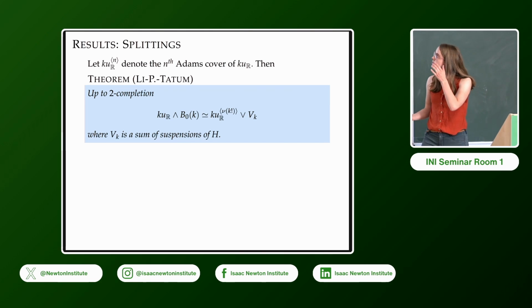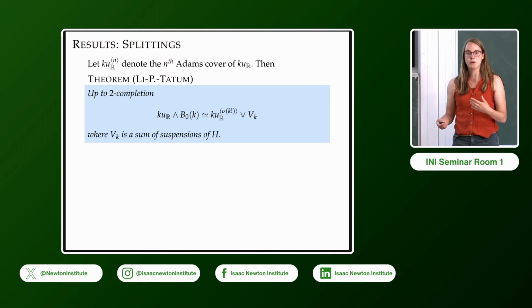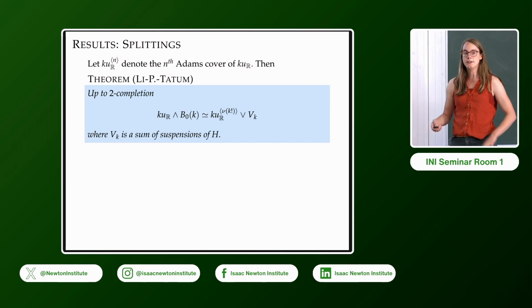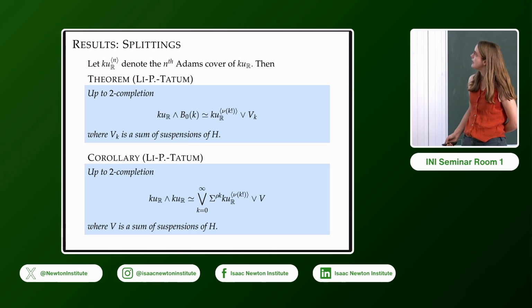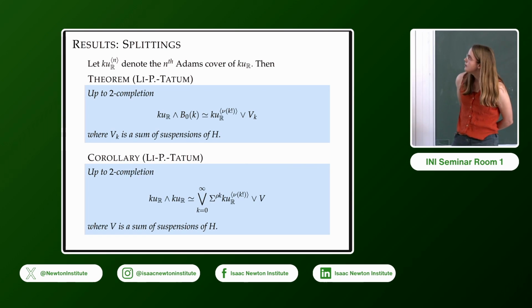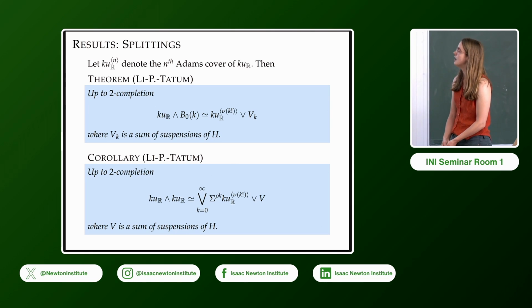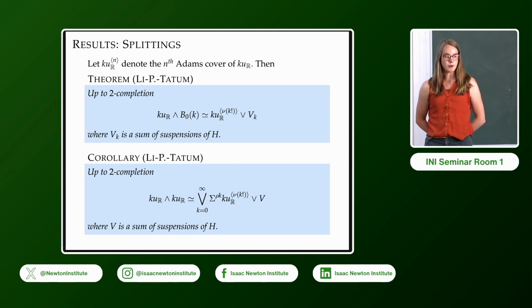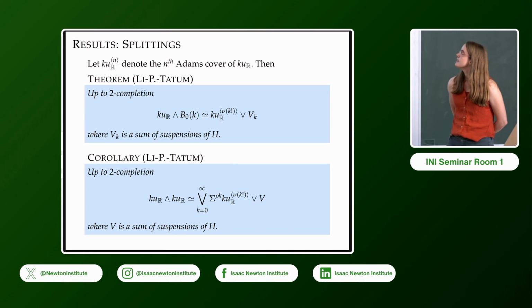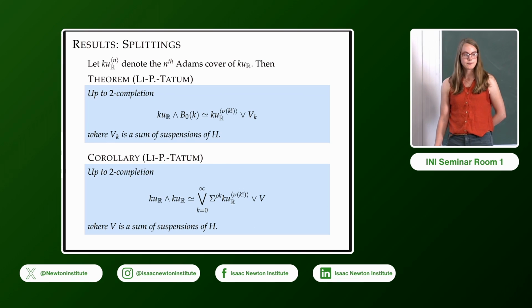So this is very similar to the splitting with the Ck's and the Vk's that we saw earlier. And because of this, up to 2-completion, we also get a splitting of KUR smash KUR in terms of these Adams covers.